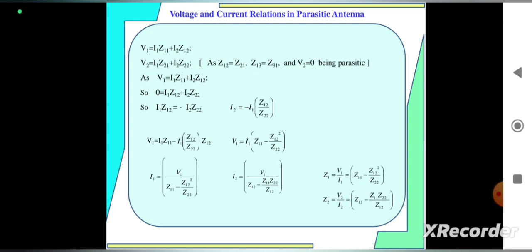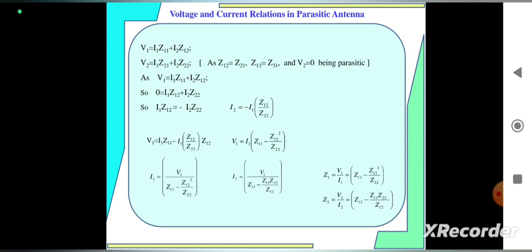Next, substitute V2 is equal to 0 in the second equation. 0 is equal to I1 Z12 plus I2 Z22. I1 Z12 is equal to minus I2 Z22. From this we got I2 is equal to minus I1 times Z12 divided by Z22.